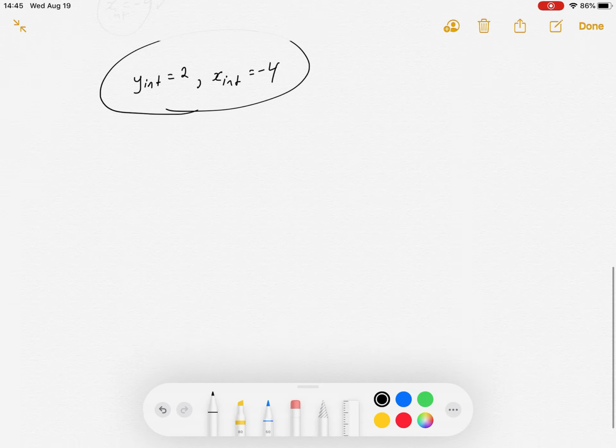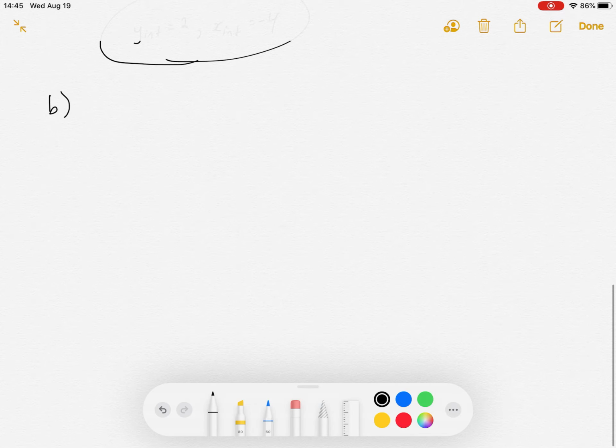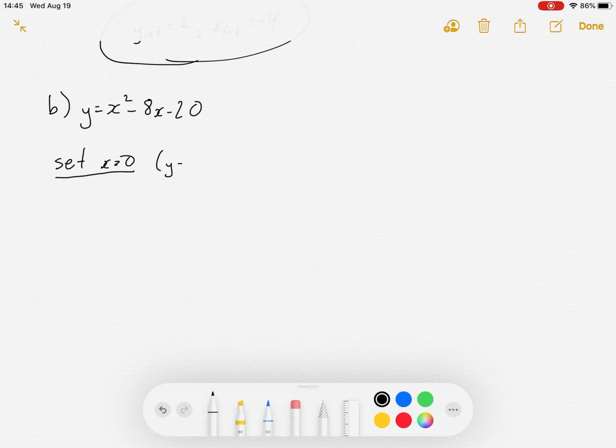Okay, let's try another one. The second one we're going to do is y equals x squared minus 8x minus 20. Once again, you could graph this, but we want to do this algebraically. So the first thing I'm going to do is set x equal to 0. As you probably remember from just above, this means we're solving for the y-intercept.